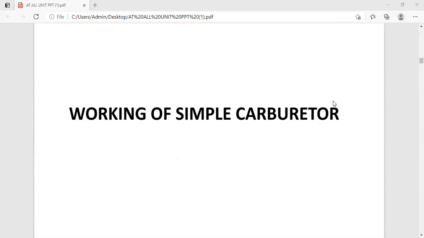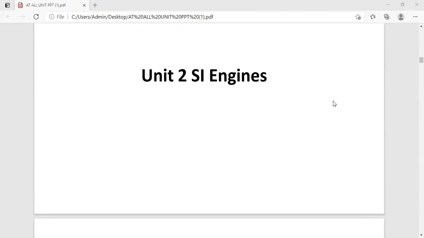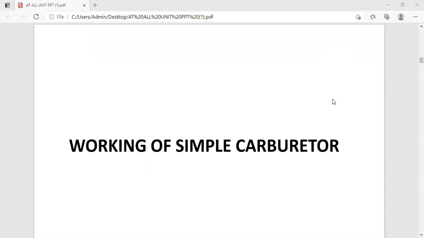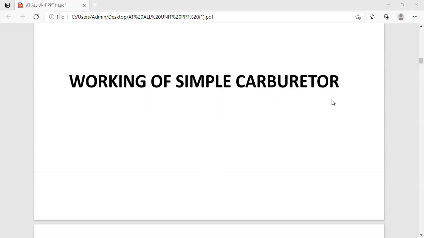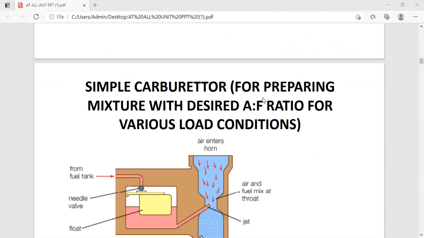We are going to start our second unit. The second unit is the SI engine. We have discussed in the comparison between the SI engine and CI engine that we use the carburetor in the case of the SI engine to prepare the air fuel mixture. First of all, we are going to see what is happening in the SI engine.